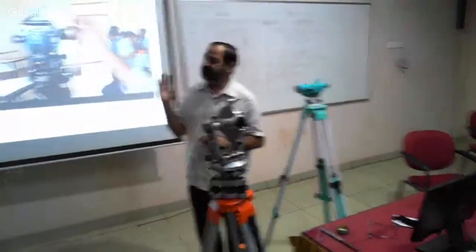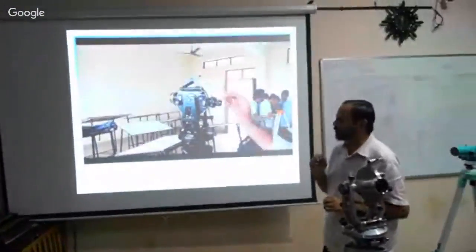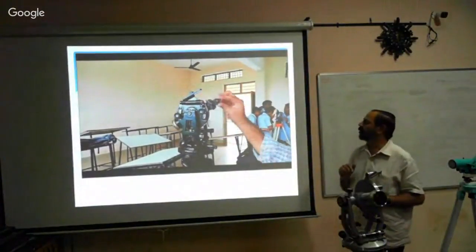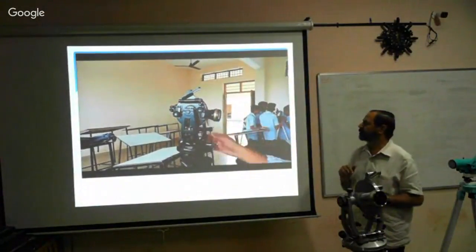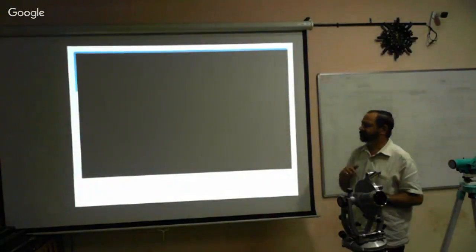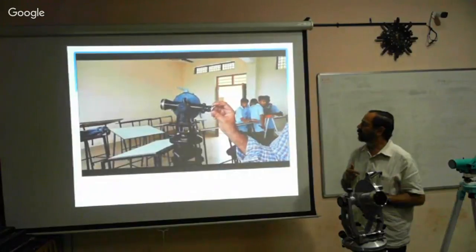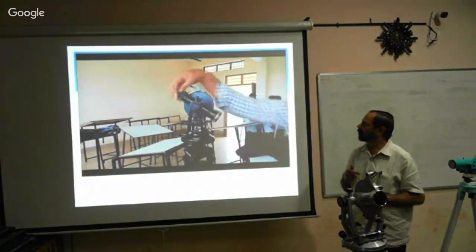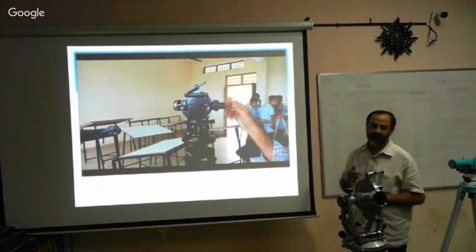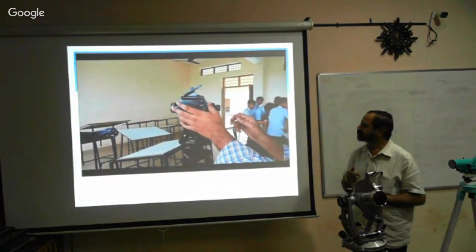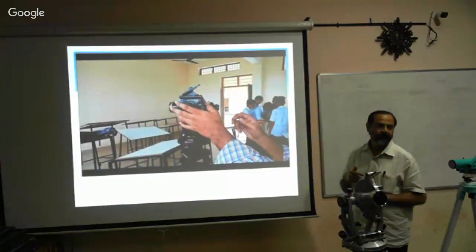Now you can see this for one minute: the transiting action. This is the face right condition. For the face left condition, transit and swing. Now this vertical circle is to the left of the observer, so it is called the face left condition.